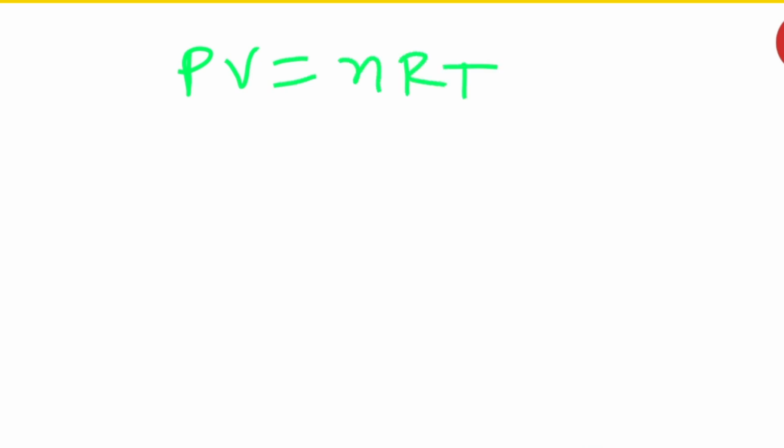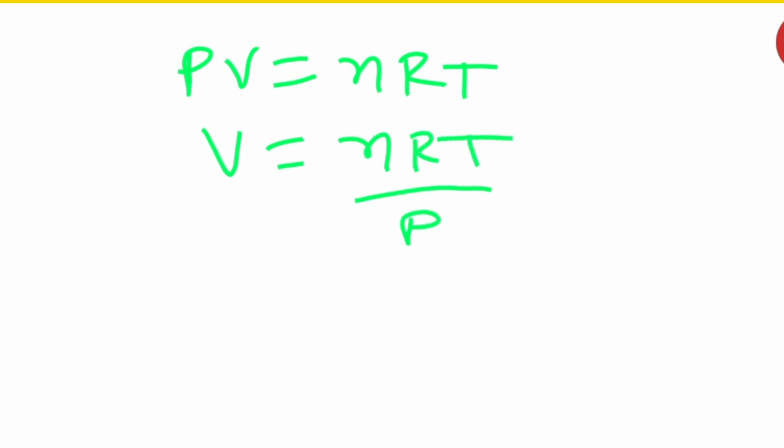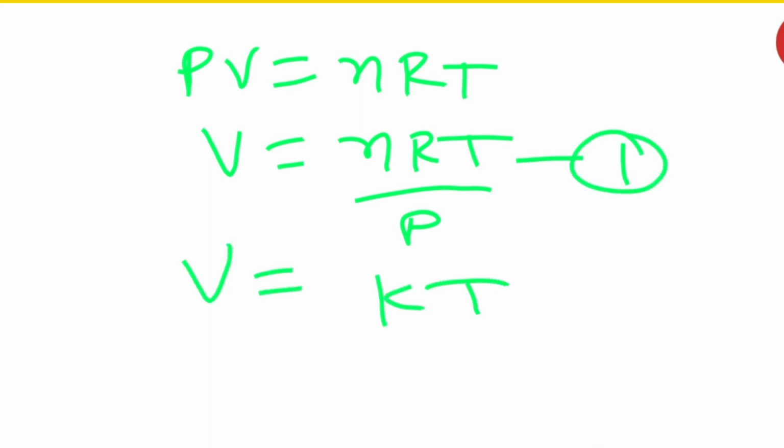We know very well PV is equal to nRT, then V is equal to nRT upon P. Take this value of V as number 1. V is equal to KT, yes or no?